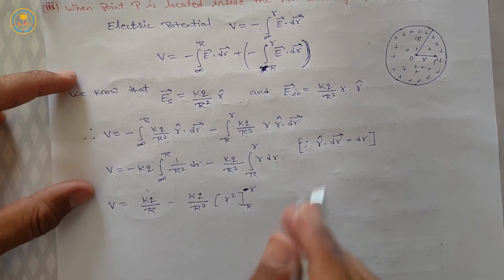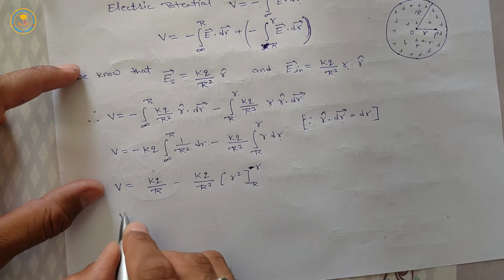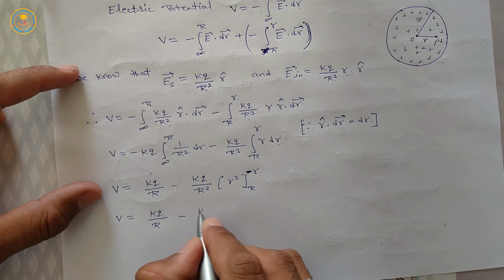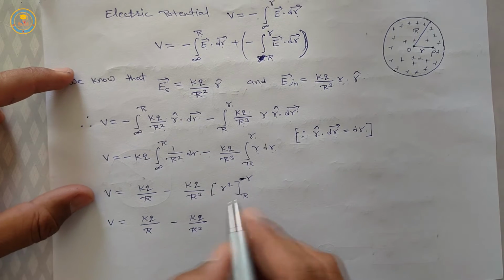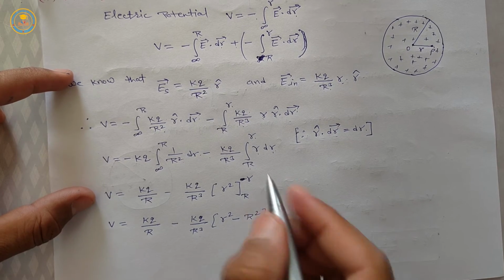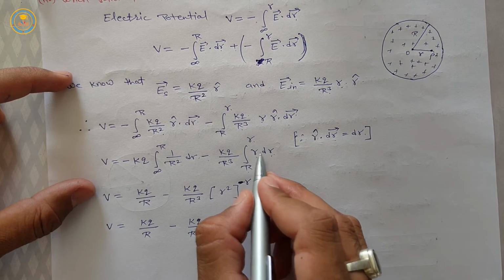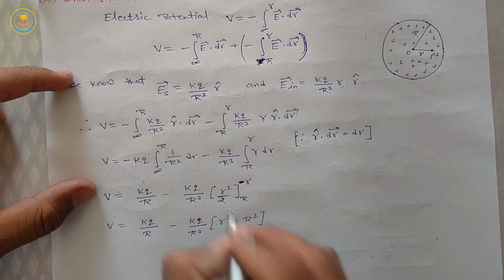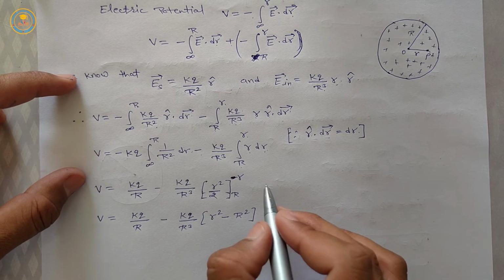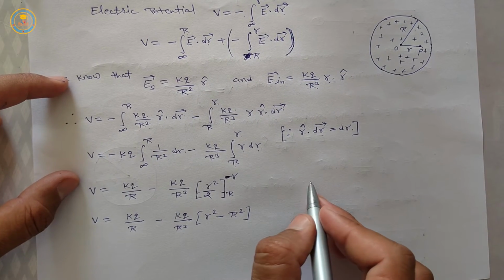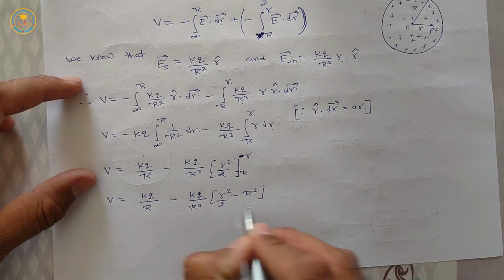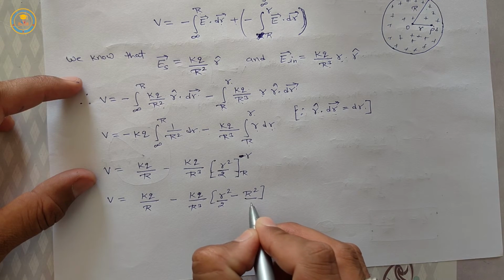Put in the limits, upper limit minus lower limit, so V is equal to kq upon capital R minus kq upon R cube times the upper limit r square minus the lower limit capital R square, integration of r upon 2. Okay, r square upon 2 means x to the power n plus 1 upon n plus 1. According to that formula, we solve it: r square upon 2 minus capital R square upon 2.